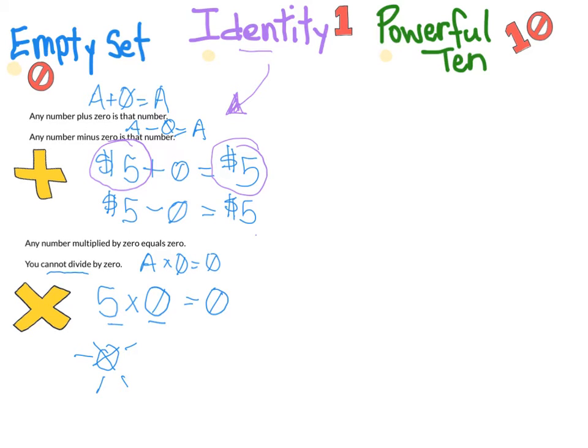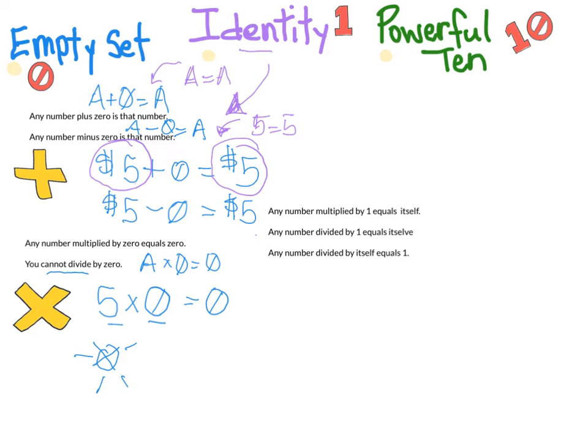It's its identity. And we can see from our examples that A is equal to A and 5 is equal to 5. So for addition, the empty set property is the identity property of addition.